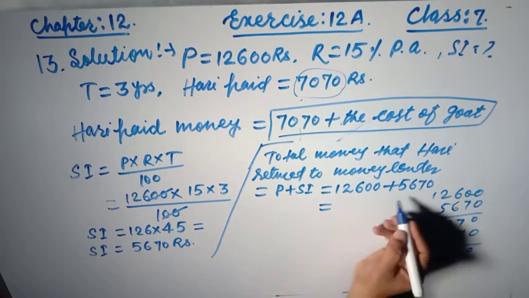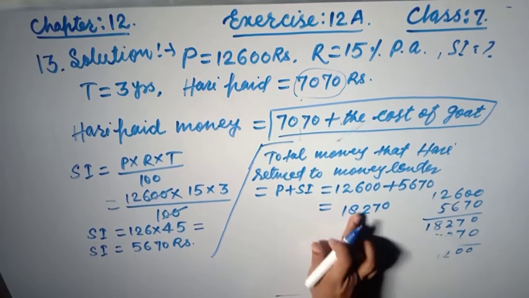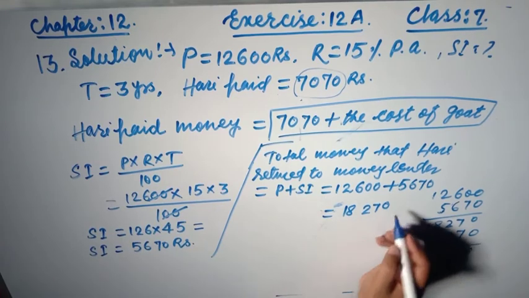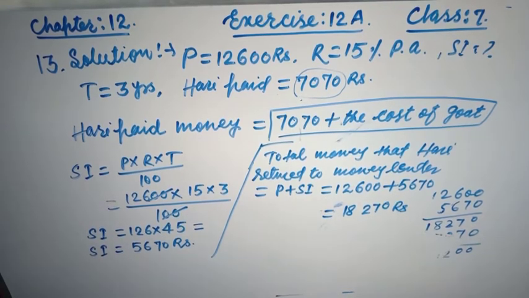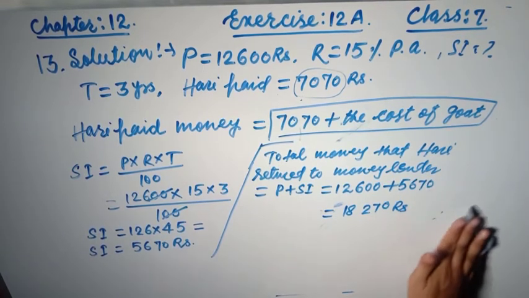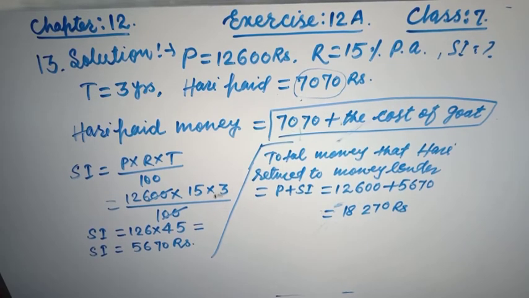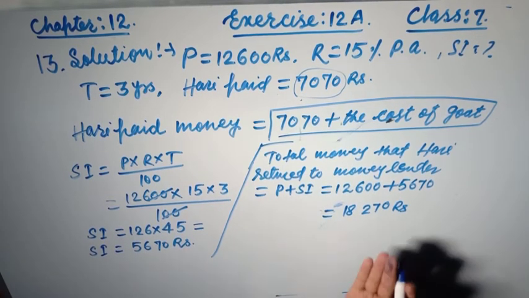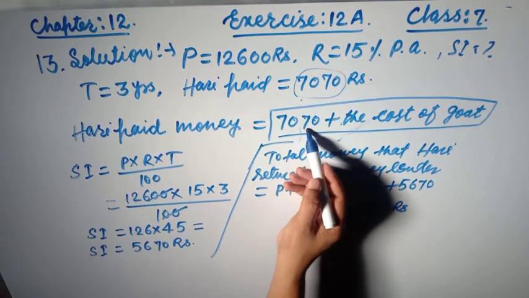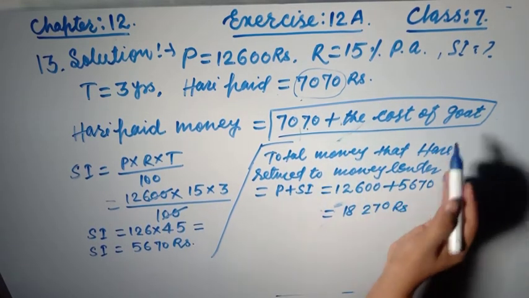So the value becomes 18,270 rupees. That means Hari will have to return 18,270 money to the money lender, but Hari had 7,070 rupees only. This is why Hari gave his goat to the money lender.